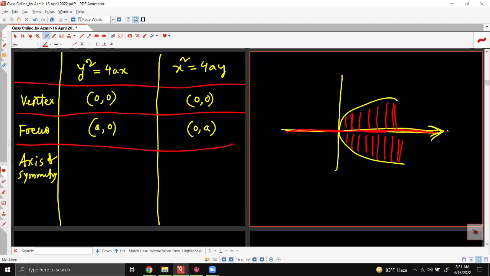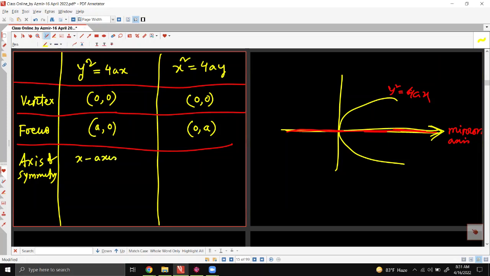That means this axis or this line is acting as a mirror. The graph is symmetrical about this x-axis. You can easily see that for this parabola, y squared equals 4ax, the axis of symmetry is the x-axis.